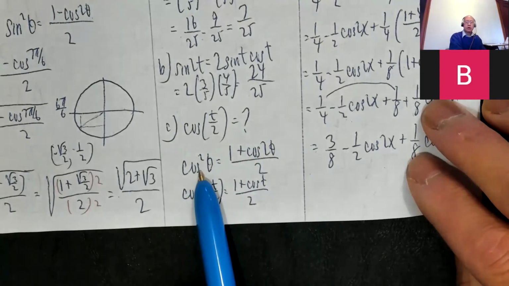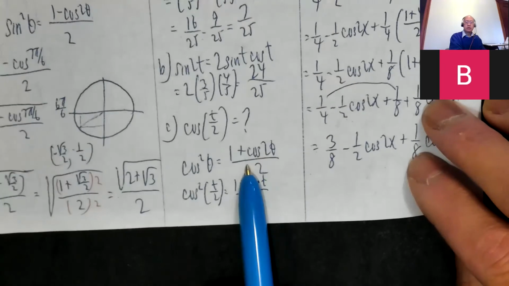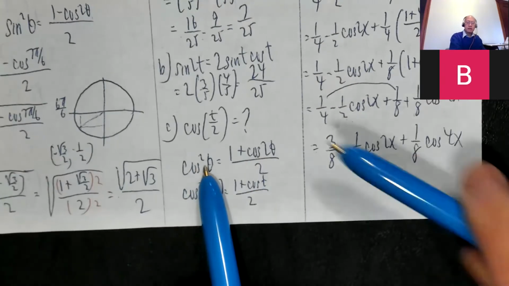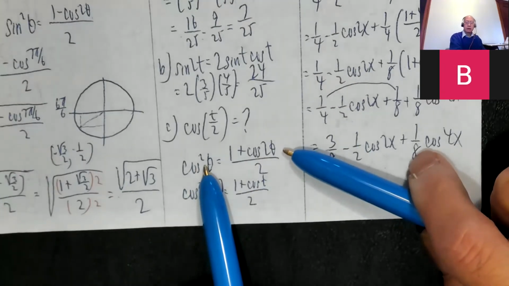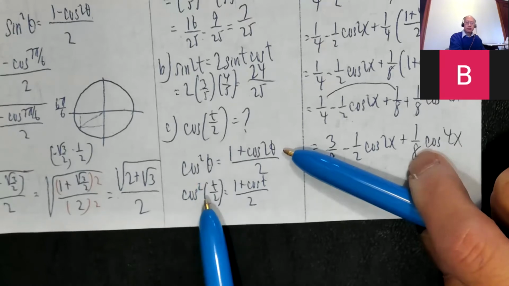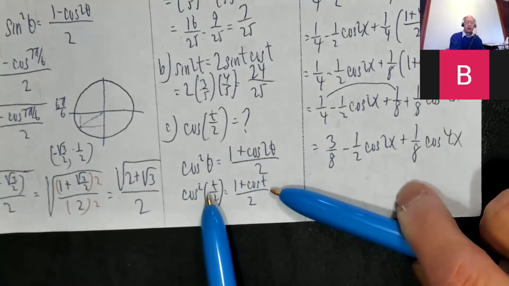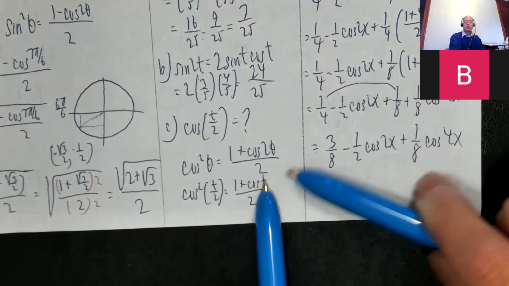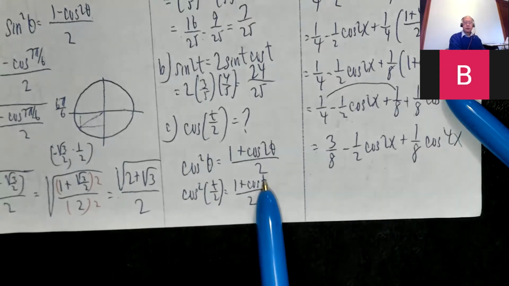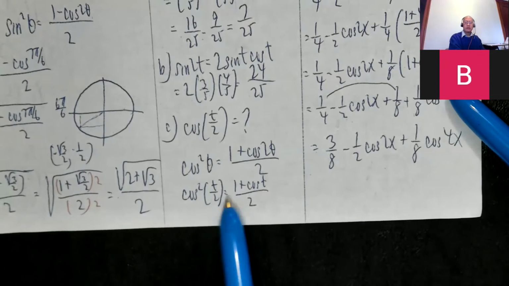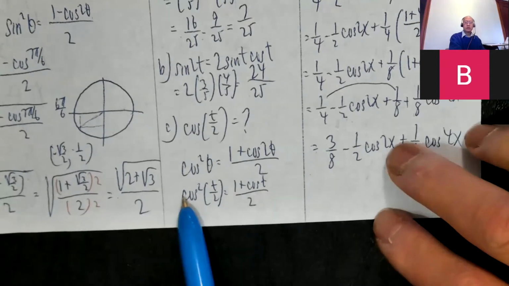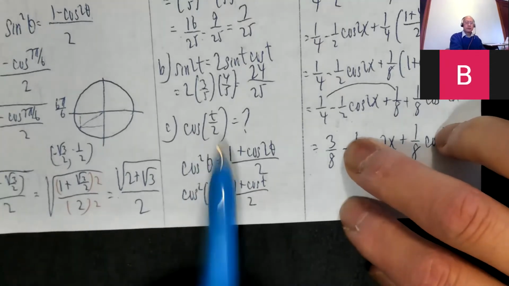Well, cosine squared of theta is 1 plus cosine 2 theta over 2. To go from here to here, I double the angle. What's double t over 2? t. So cosine squared of t over 2 is 1 plus cosine t over 2. Then I just take the square root to figure out cosine of t over 2.